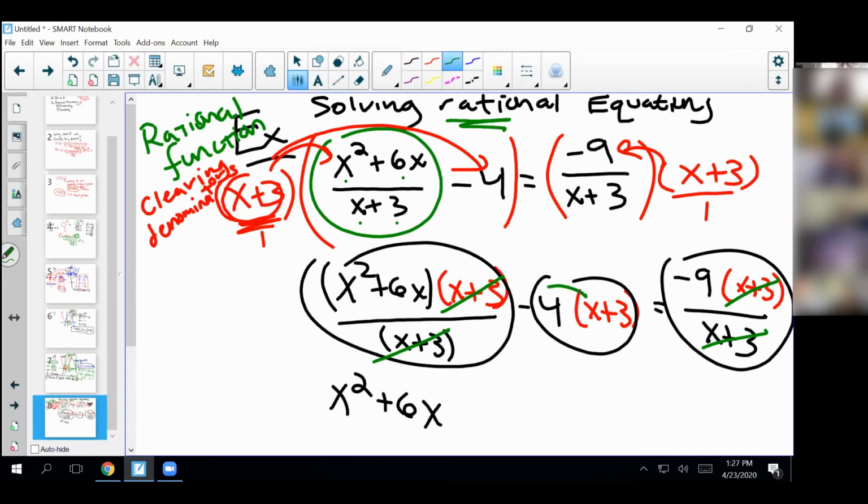This we can distribute, minus 4x minus 12 is equal to negative 9. Now we're not done with the problem yet, but we're actually done with the new stuff because this is just a quadratic equation. We know how to solve this. I'll go ahead and do that real fast, but basically the new stuff is over except for one tiny caveat at the end.